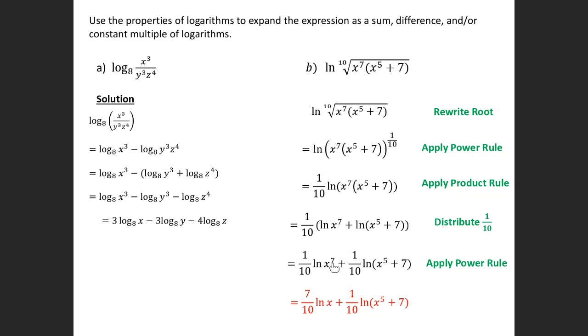So here, if we apply the power rule, then we take the 7 to the front. So 7 times 1/10 is 7/10 natural log of x, and then 1/10 natural log of x to the 5th plus 7. Notice that the 5 here, I'm not going to apply the power rule because it's together with the plus 7.